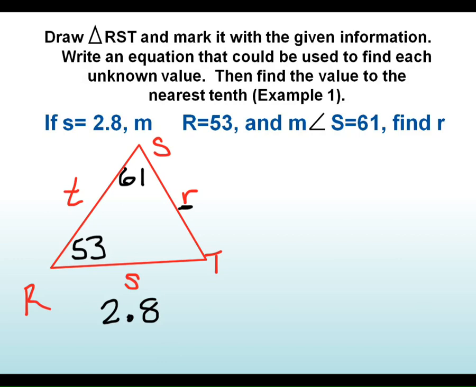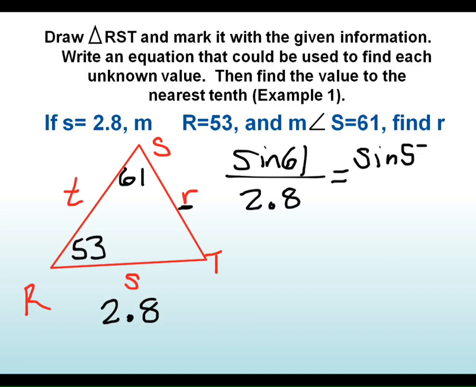So if I take the sine of 61 and divide it by its opposite side, that should be equal to the sine of 53 divided by its opposite side, right? And then I could also do sine of capital T over little t, but I don't need that one because I know I'm missing both those pieces. Okay. So I just used what it gives me, and I just plugged it into that ratio or that proportion.